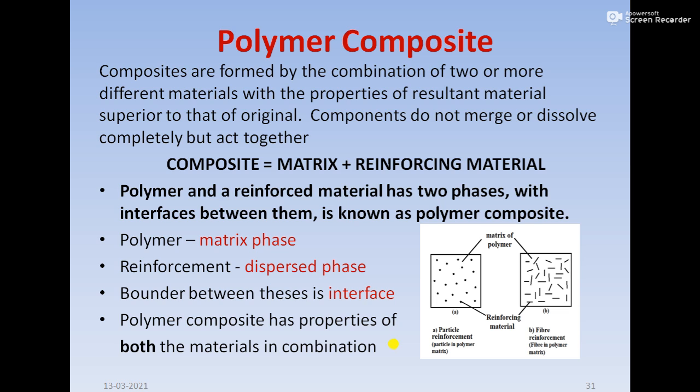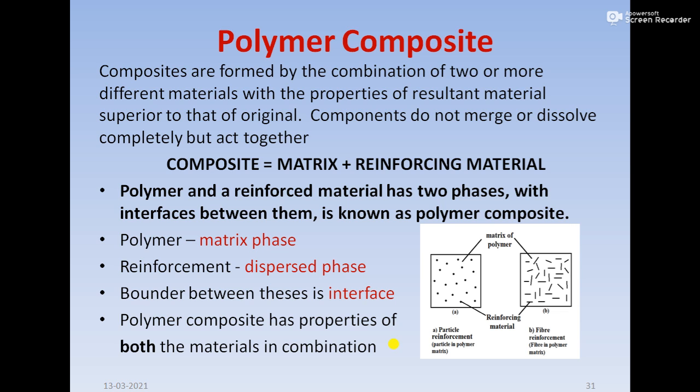Then next is polymer composite. So what is a composite? A composite is a mixture of matrix plus reinforcing material. Composites are formed by combination of two or more different materials, with the properties of the resultant material superior to the original.